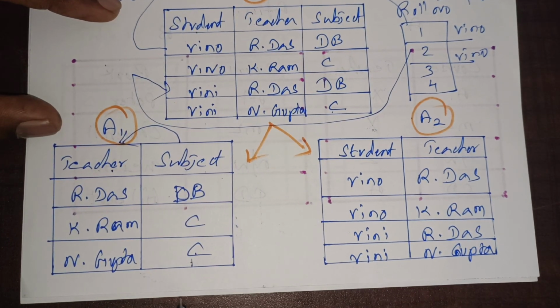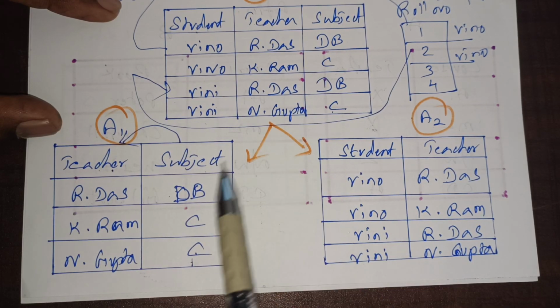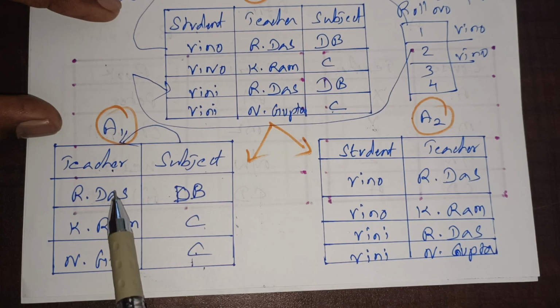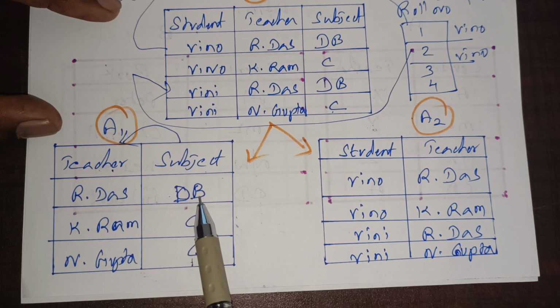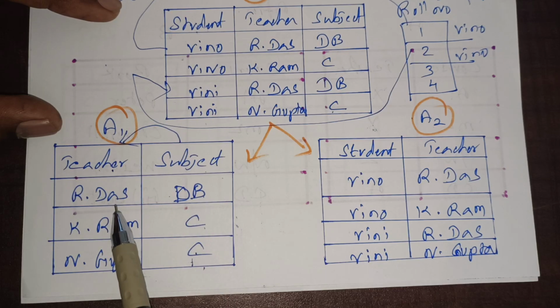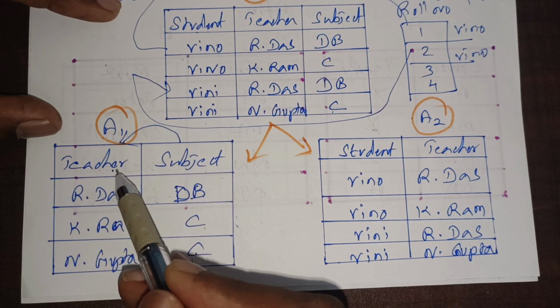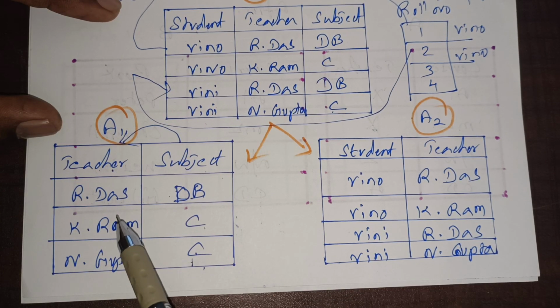There might be multiple teachers who can teach the same subject, but here the case is different. Now the subject is database and C, but the faculty handling C is different and the faculty handling database is also different. The scenario is different here, so this teacher column can be a super key. If you want to avoid that, then you need to create a teacher ID here.